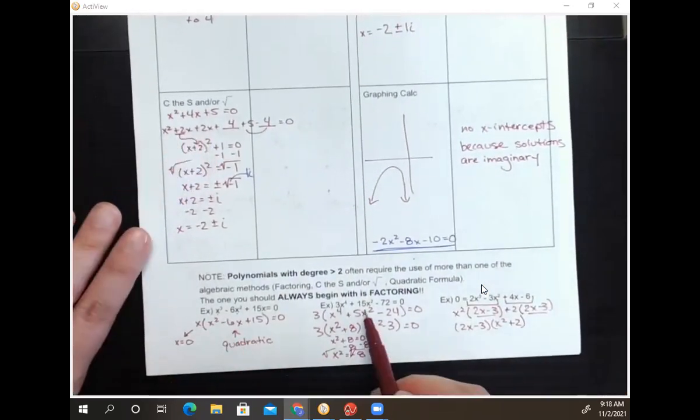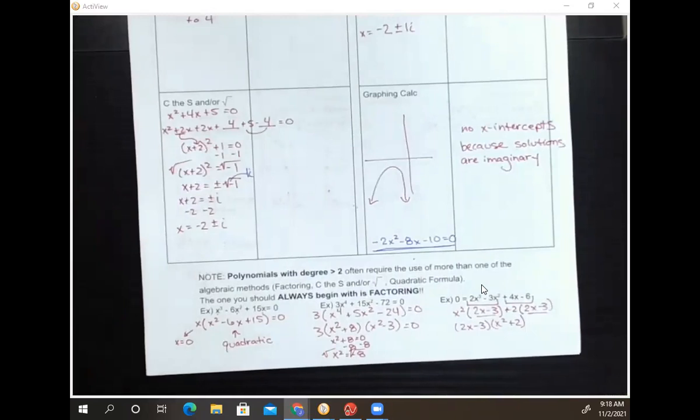So if I have something that's not a quadratic, I have to start somewhere else. Once you get stuff that's a quadratic, like these factors here, then any of these methods is fine. But until you get there, you can't use quadratic formula or completing the square. Questions for me? Okay.